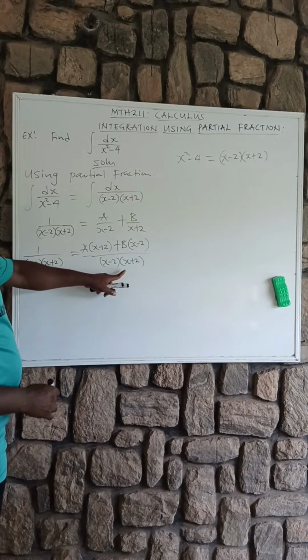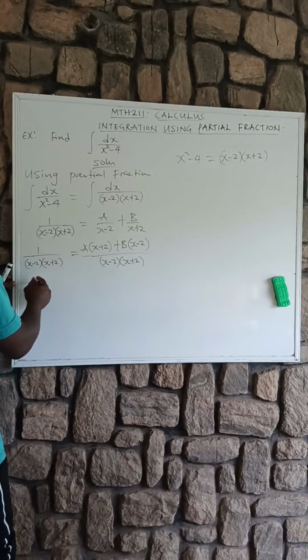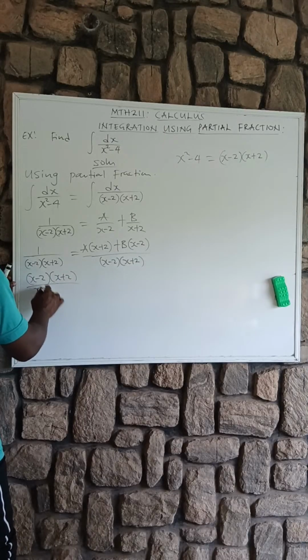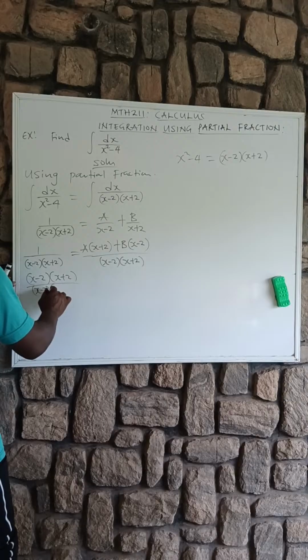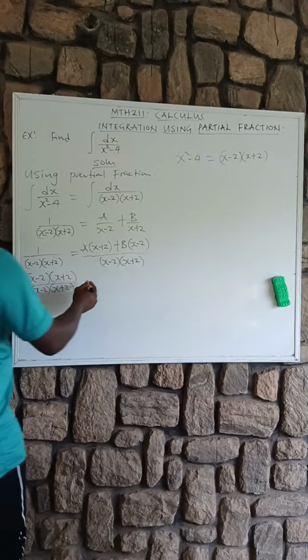If we use this one to multiply this, of course, you can now see that this and this will cancel. That is, this is what we are going to have: x minus 2 open bracket x plus 2 all over x minus 2 times x plus 2. Mind you, there is 1. So if you use this one to multiply this, it's the same thing.